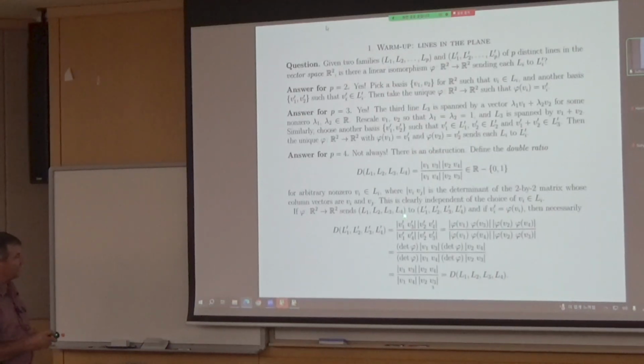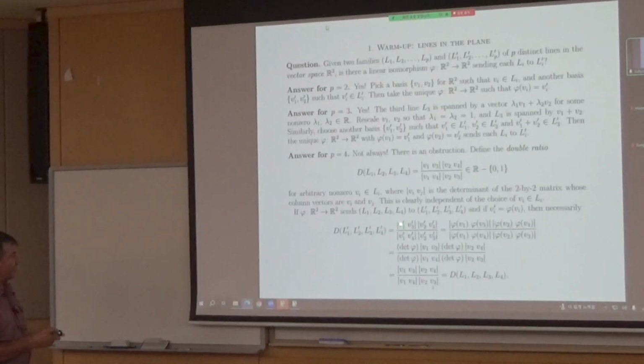To compute the double ratio associated to this family, I need to take vectors in the prime lines. Well, I can just take the images of the vectors in the no prime lines under this map phi. And so the double ratio is equal to this.